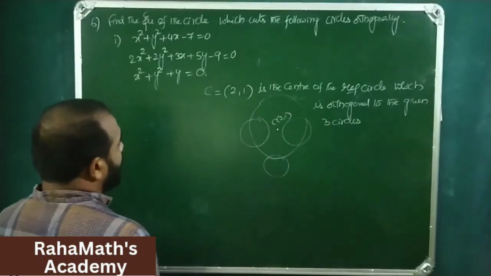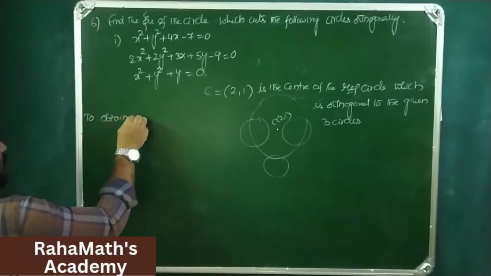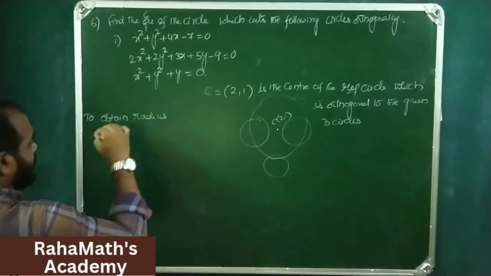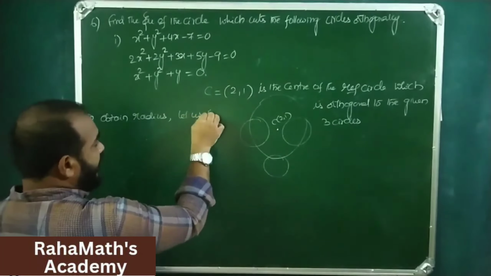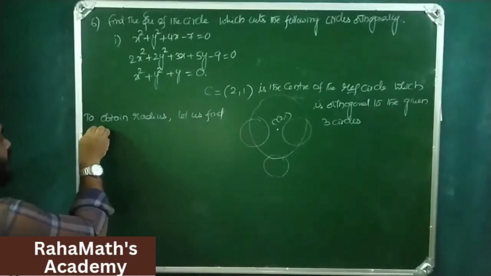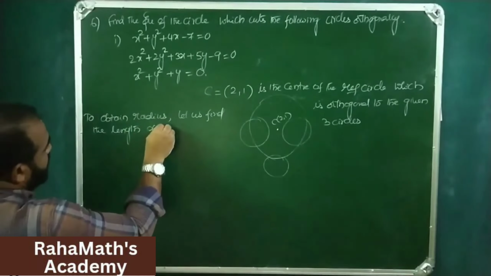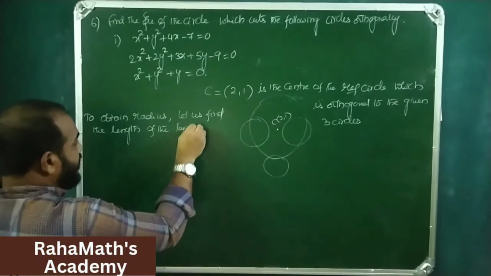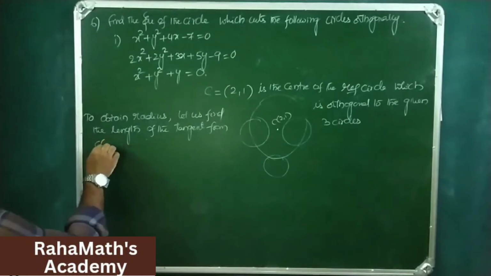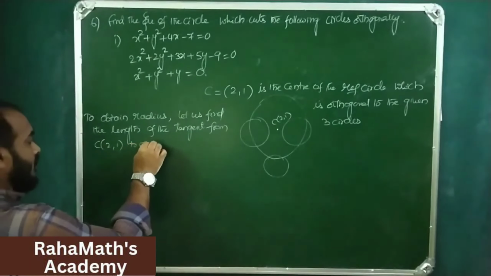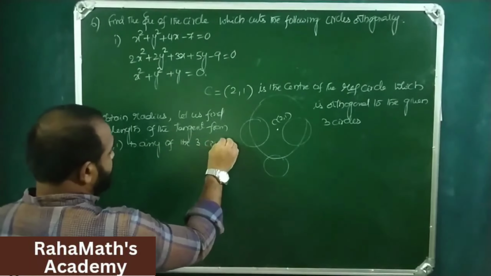Now, to obtain the radius, let us find the length of the tangent from C (2, 1) to any of the three circles.